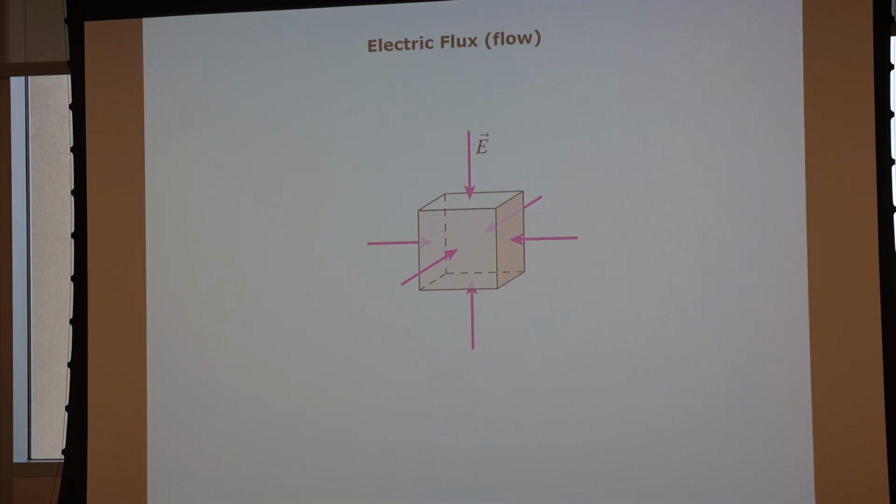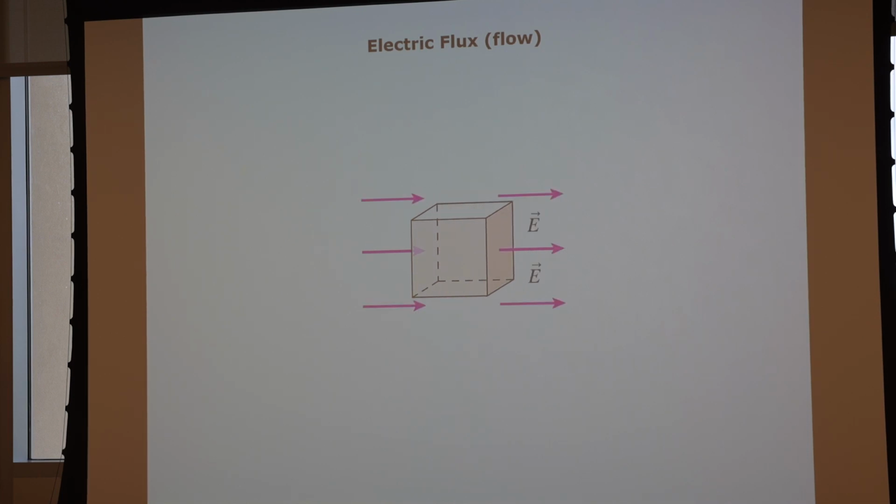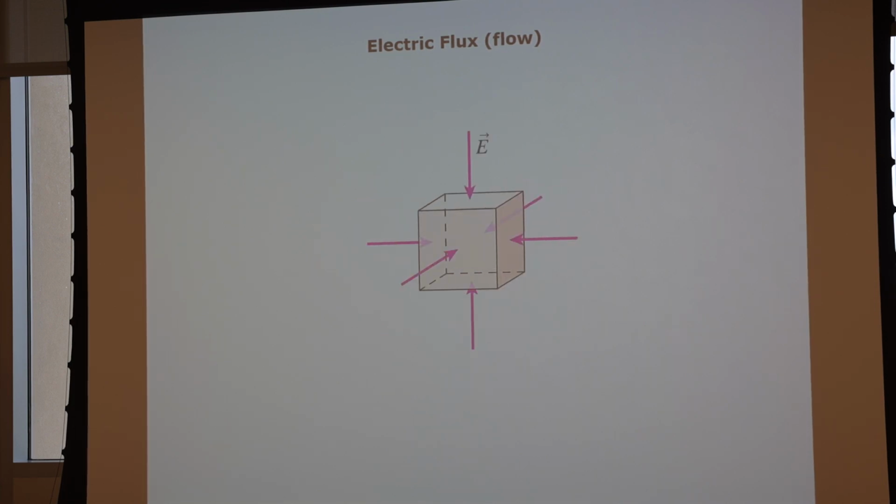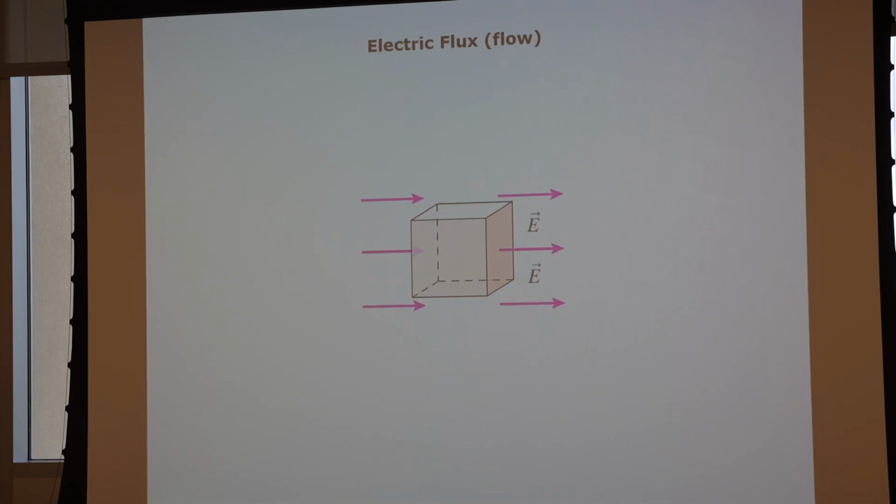Negative, because E fields are going in. This one? Yeah, 0, right? Neutral. This one? Positive. Okay, very good. Is the size or the shape of the object enclosing the charge important? No, who cares? There's a cylinder, there's a cube, big deal, we don't care. It's irrelevant.